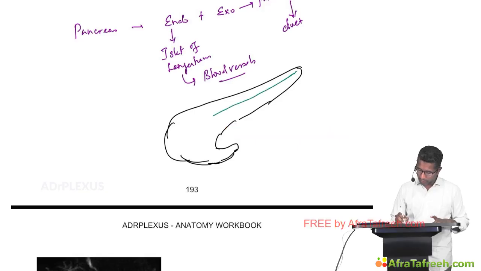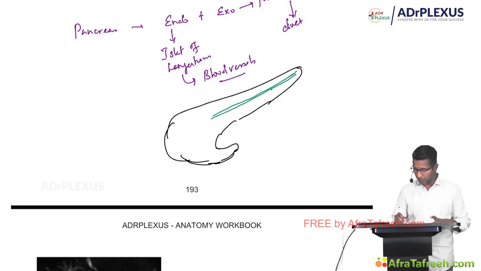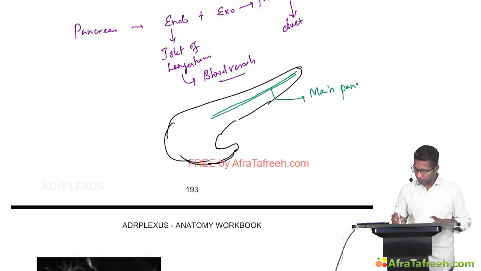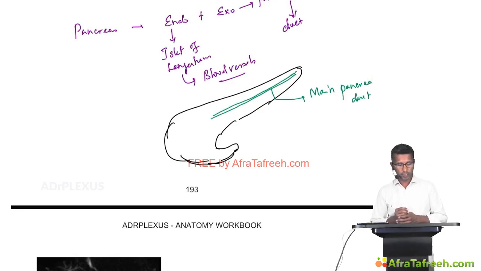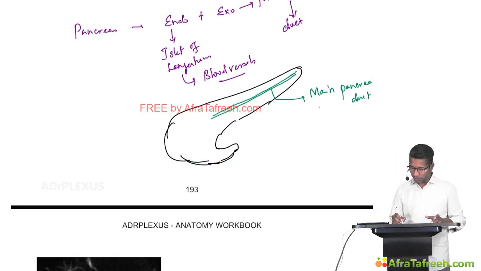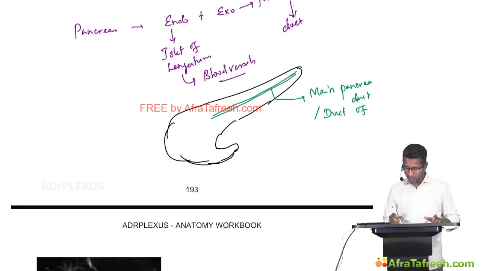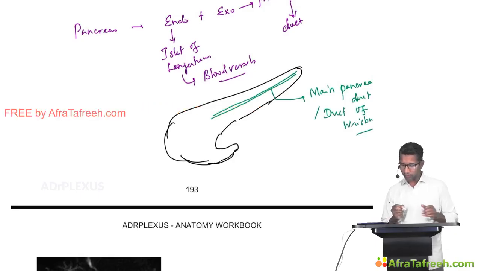This duct is called the main pancreatic duct, guys. The main pancreatic duct is also called the duct of Wirsung.